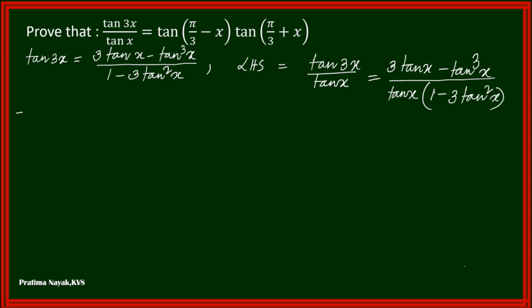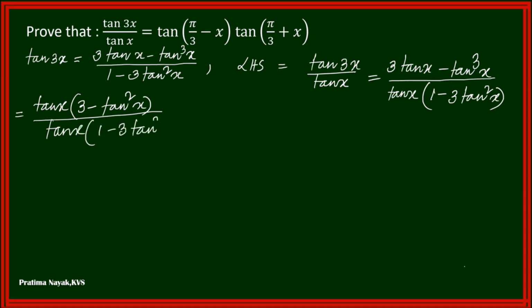Next, from the numerator, taking tan x outside, we'll get 3 minus tan square x into tan x, 1 minus 3 tan square x. Tan x cancelled, so it will be 3 minus tan square x over 1 minus 3 tan square x.